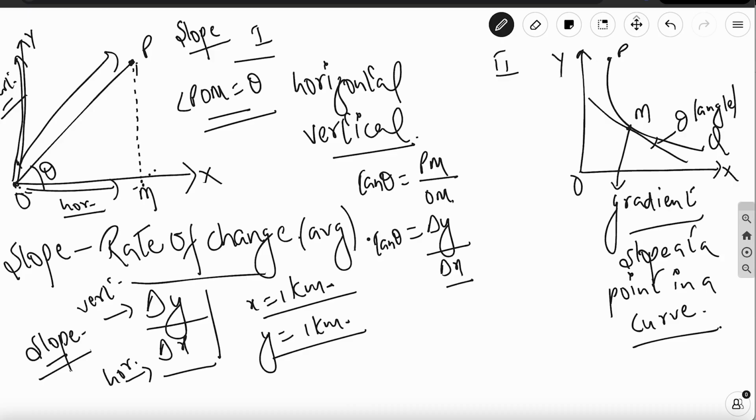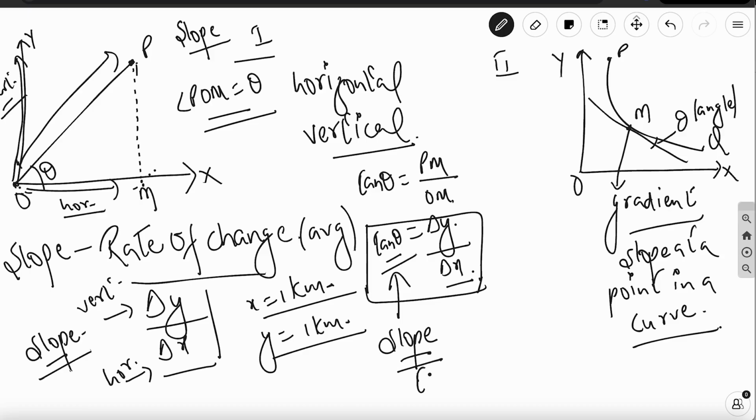So we can say slope is basically represented by change in y divided by change in x, and that slope is also represented by tan theta. So slope is also represented in the trigonometric function tan, which is tan theta. Theta is this angle here.